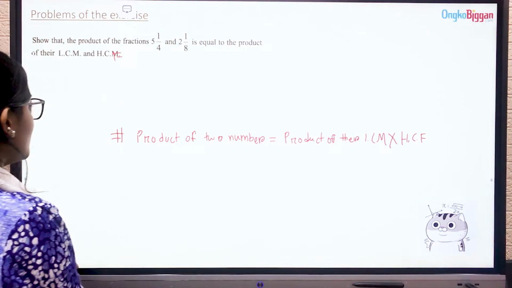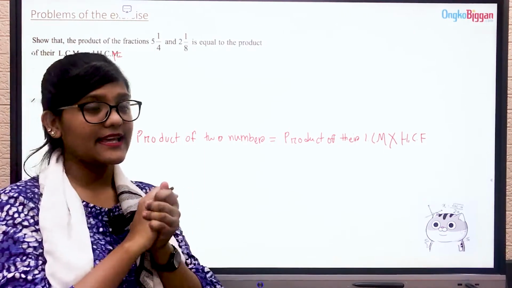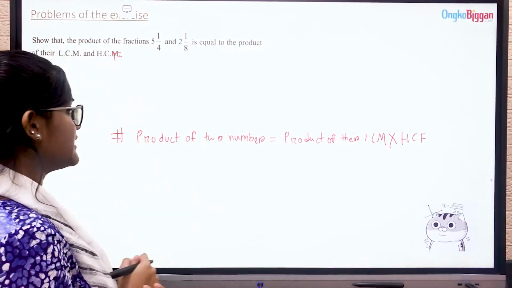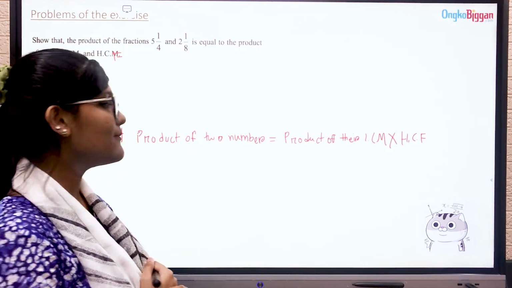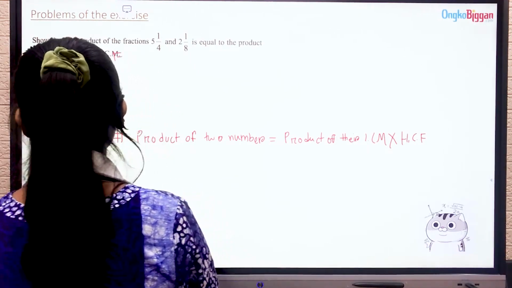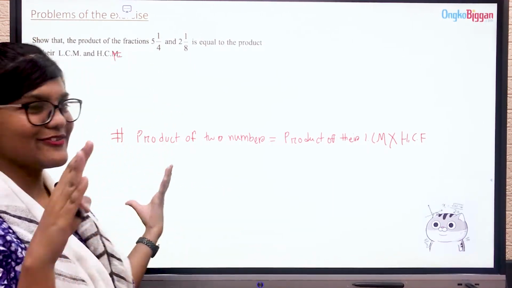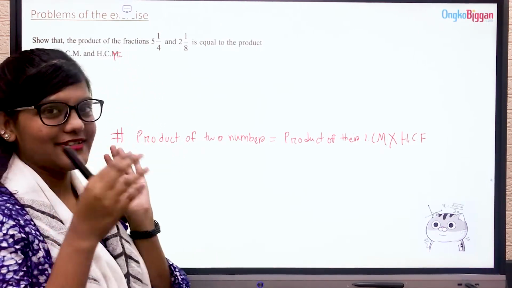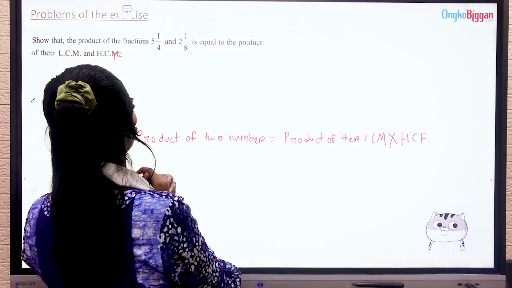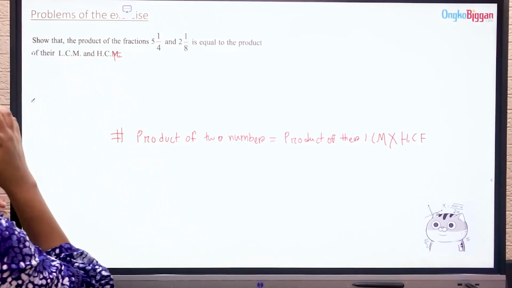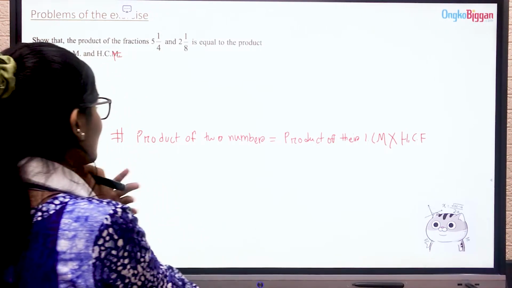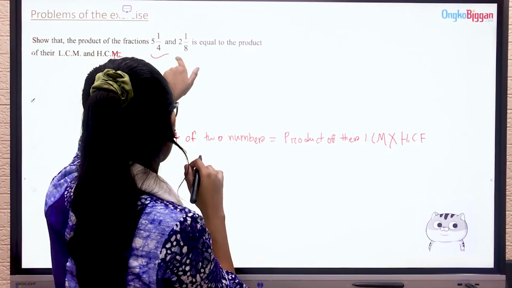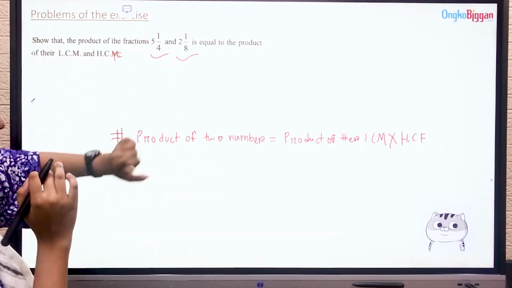So we have learned in the previous exercises that the product of two numbers is equal to the product of LCM and HCF. So in this math we are just required to show that in case of fractions, this thing also happens. That means the product of these two fractions is equal to the product of their LCM and HCF.